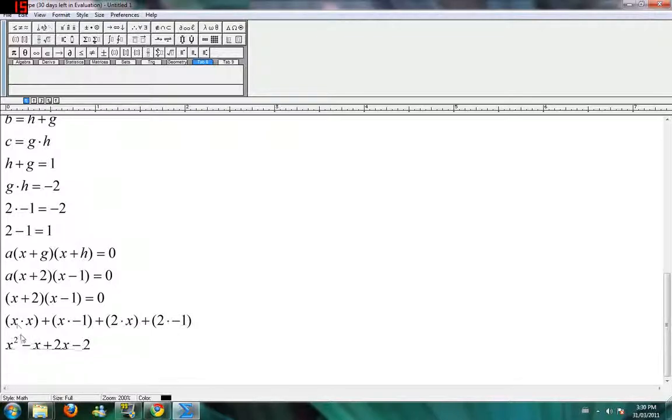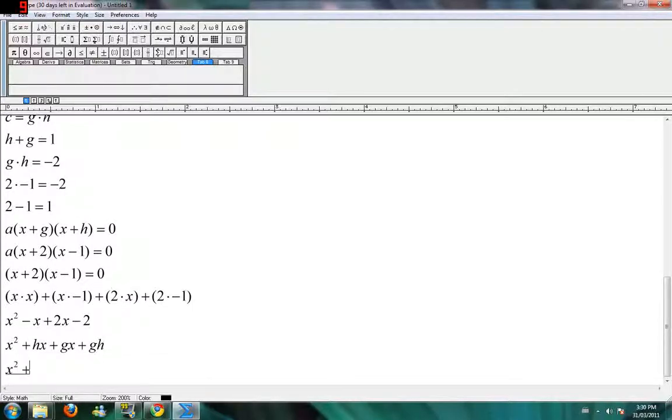This gives us the format x squared minus x plus 2x minus 2, which is similar to ax squared plus bx plus c, and it is also similar to x squared plus hx plus gx plus g times h, because when we find the common factor, we have x multiplying h plus g, plus gh.